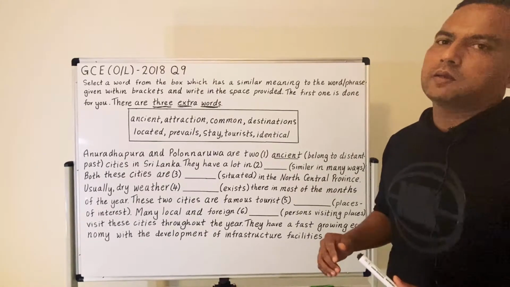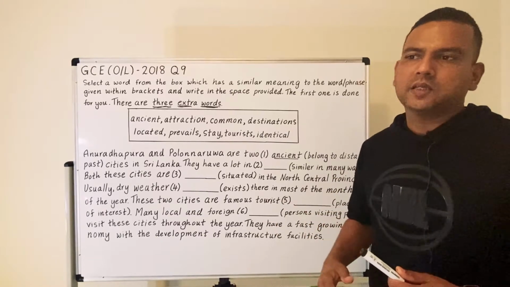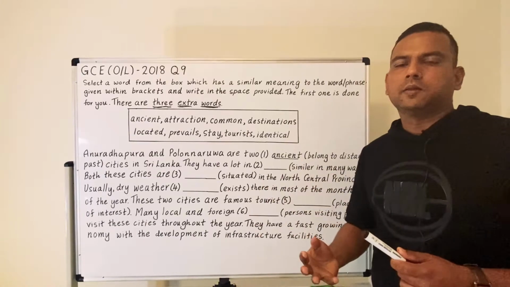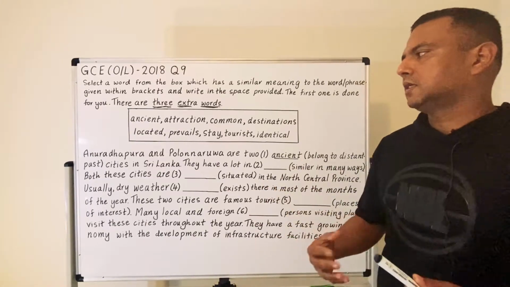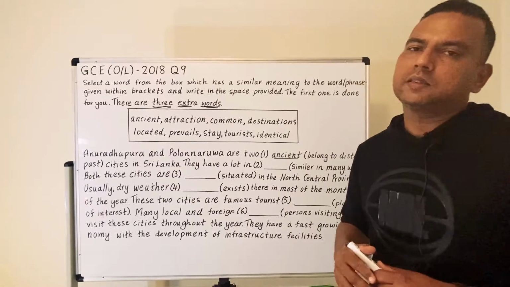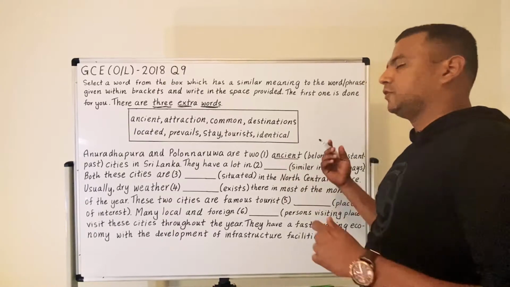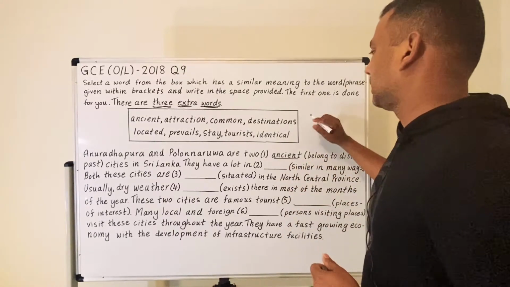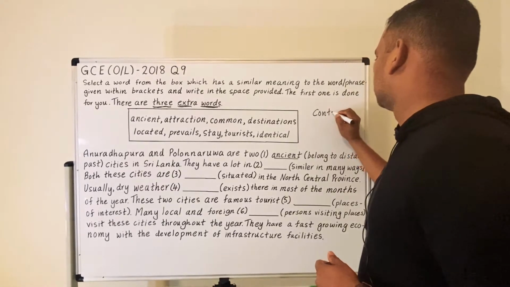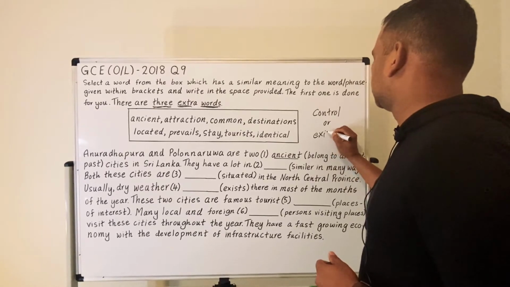Prevails in the sense like something that exists in a certain place, or something that probably takes the control of something. ඒ කියන්නේ යම්කිසි තැනක බහුල වශයෙන් අපිට දකින්න ලැබෙන දෙයක් තමයි අපි prevails කියන වචනේ අදහස් කරන්නේ. එතකොට prevails, so if you think of synonyms for prevails, I can give you like control, or I can say exists.